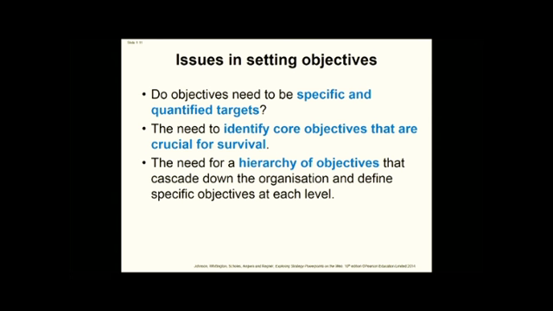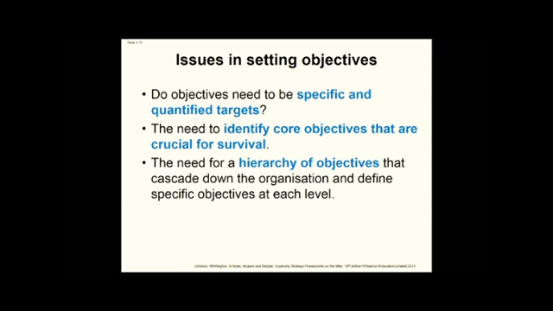That's a comparatively specific and quantified objective. In some cases you can do that. You can make a strategic objective that is specific and quantified. In some cases you can't put a number on it so easily, but you can still devise an objective.